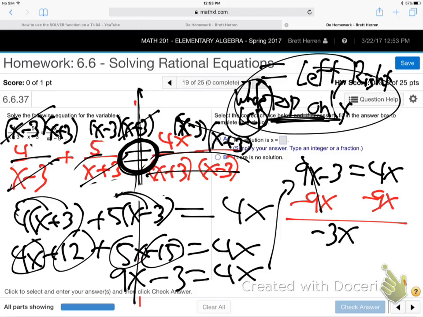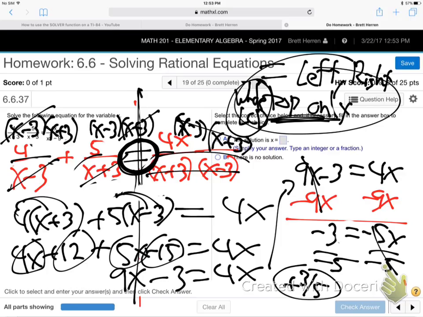Minus 3, whoops, not x. Just minus 3 equals minus 5x. Divided by the minus 5, that's two negatives, so positive 3/5. Whew, that was a lot of work. x is positive 3/5. Does that make sense?